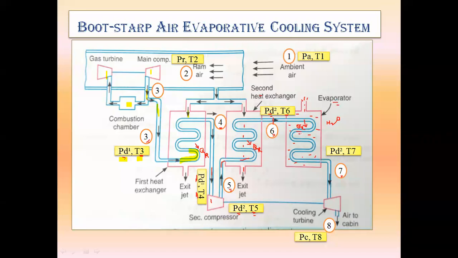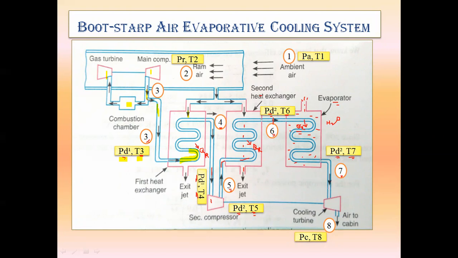As it is constant pressure, the pressure at the outlet of the evaporator will again be the same, that is PD2. Temperature will decrease from T6 to T7 because heat is being rejected. So the outlet of the evaporator will be at PD2 and temperature T7.